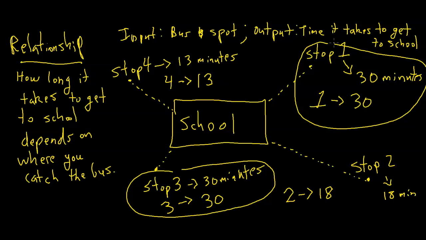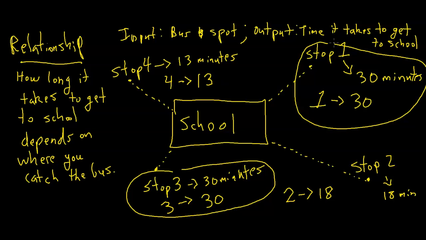That makes sense, right? Because the point of this function is to be able to have an answer for the question, how long does it take you to get to school from any given bus stop? It's important that we have one answer. Now, different bus stops can result in the same answer. That's okay.